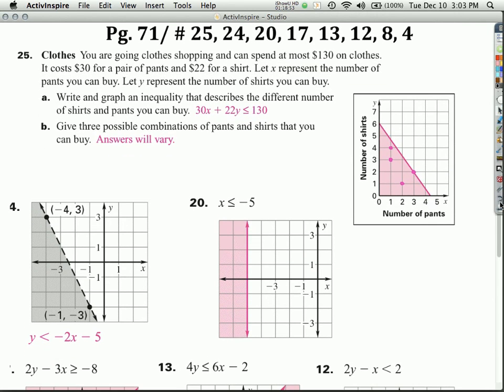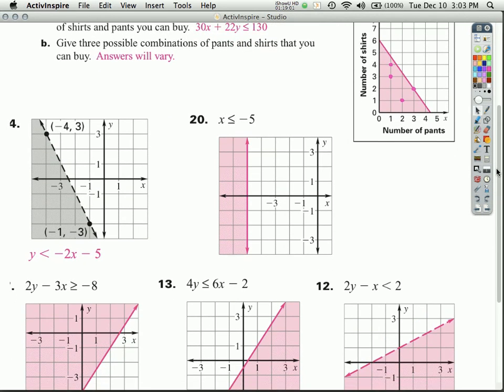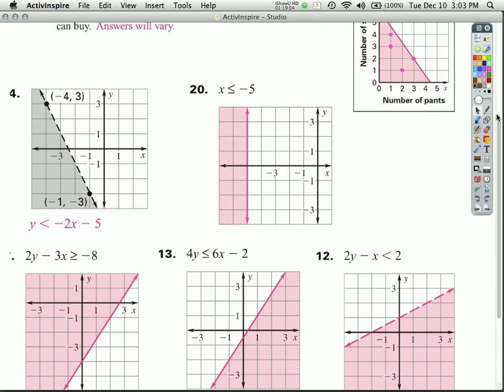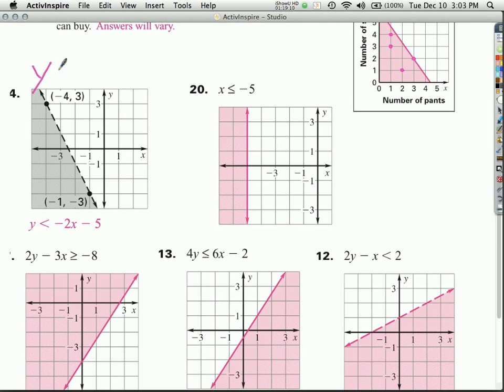The slope, the slope, no, why? Okay. We're trying to write an inequality that represents this, and we're starting with y equals mx plus b.